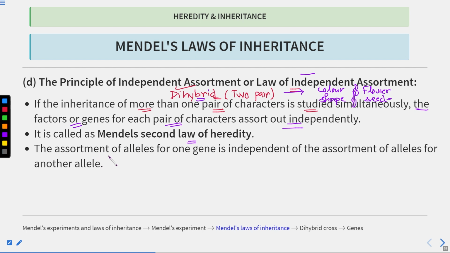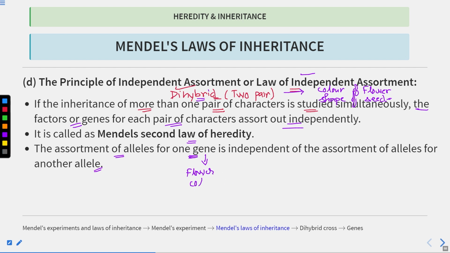Now it is called Mendel's second law of heredity as well. Here, the assortment of alleles for one gene is independent of the assortment of alleles for another gene. Clear? Again, we'll read it. The assortment of alleles of one gene. Suppose we take the gene for the flower color.